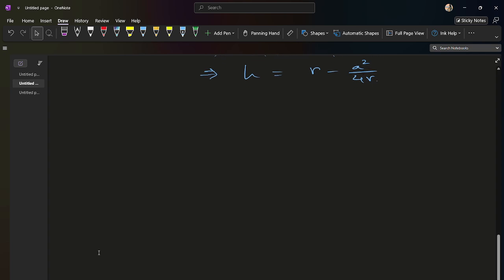Now for the radius of the new circle, big R is equal to root over a square plus h square. Now we are going to substitute the value of h from it. So we will get a square plus r minus a square by 4r, whole square. So what do we get now?